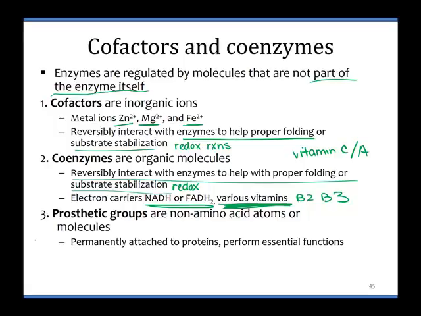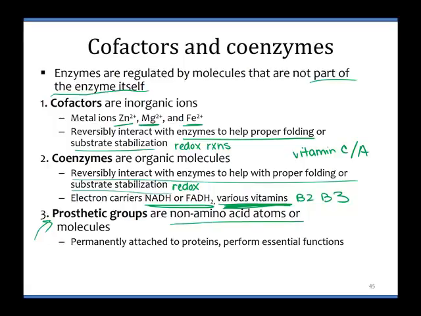All right, prosthetic groups are a third type of enzyme behavior modifier. If it's not a cofactor, if it's not a coenzyme, it's a prosthetic group. They're kind of this big bucket into which we throw everything that we don't know how to classify.